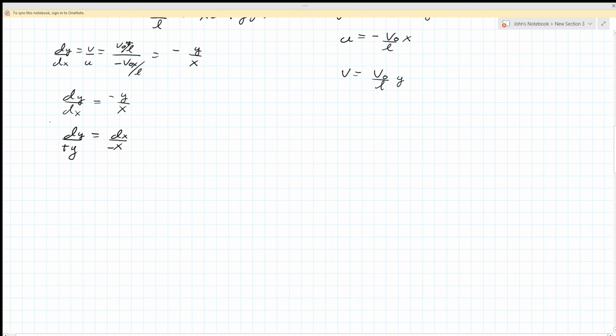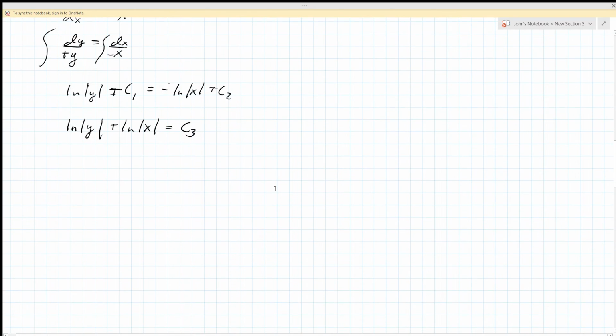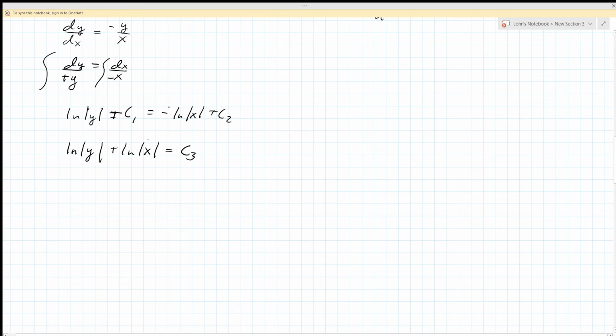Let's integrate this. We get ln of y plus c1 is equal to negative ln of x plus c2. Isolate them over: ln of y plus ln of x is equal to c3, because that would be c2 minus c1. I can just call that c3. Combine the logarithms. This becomes ln of xy equals c3.